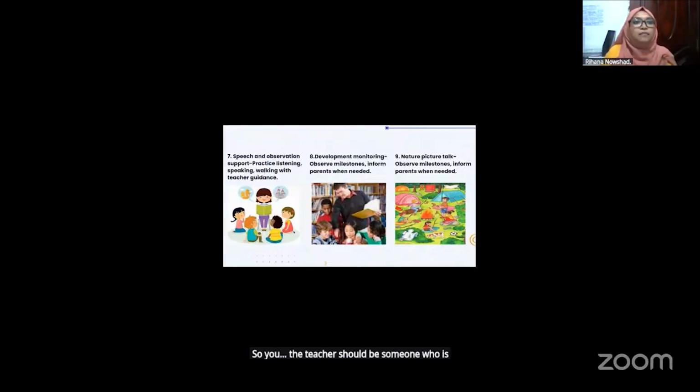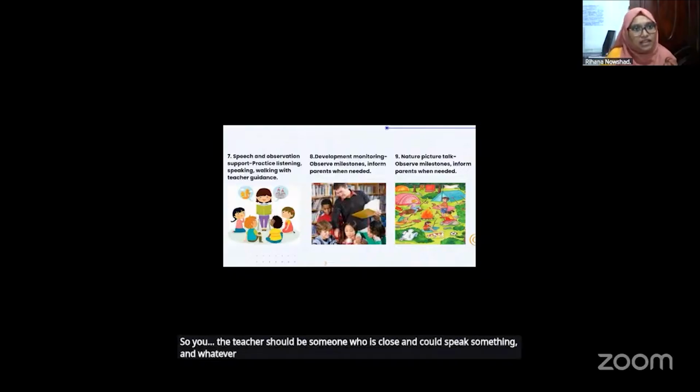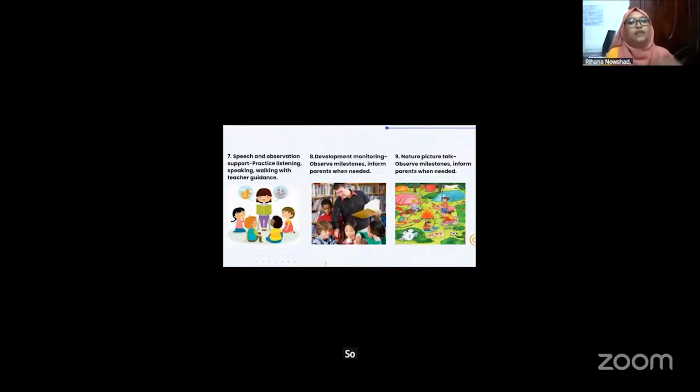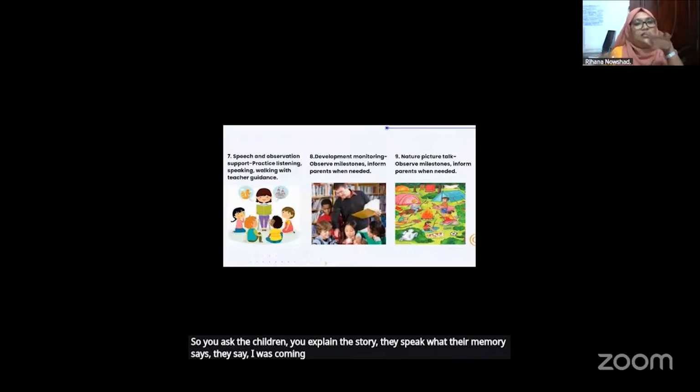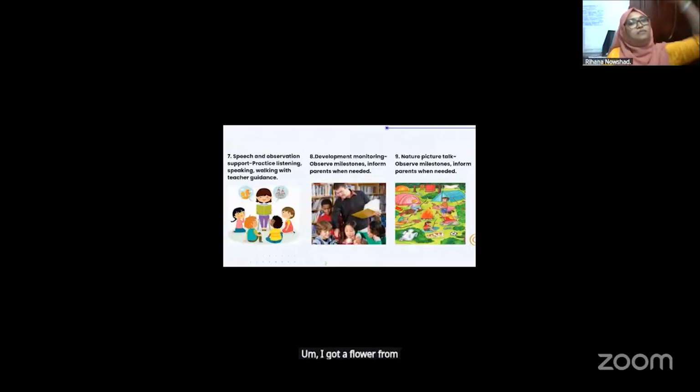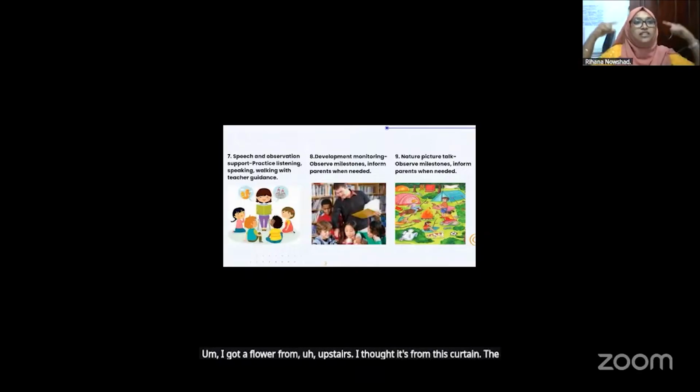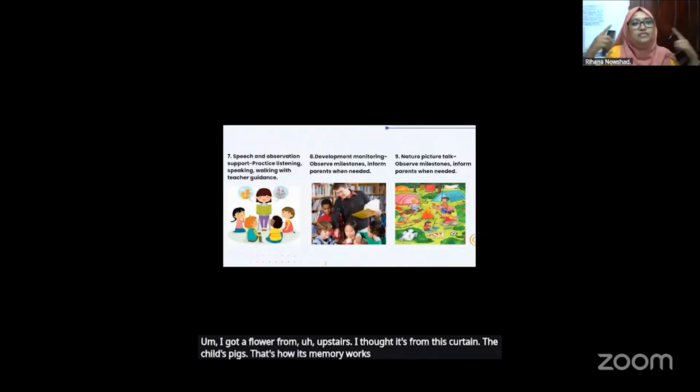You ask the children, you explain the story, and they speak what their memory says. They say, I was coming to school today by bus and suddenly I got a flower from upstairs. I thought it was from this curtain. The child speaks. That's how memory works. It is the cognitive skill that happens naturally in their mind.